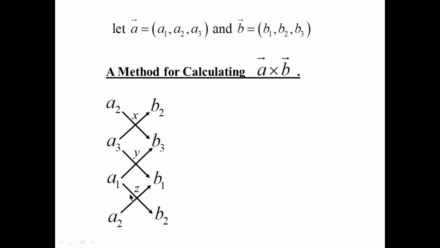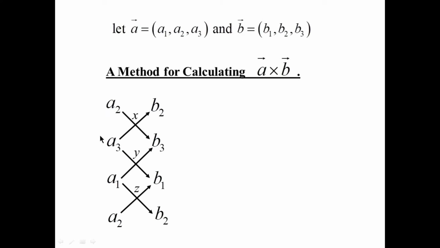On the left of these crosses, make 3 big crosses. Call them X, Y, Z. And on the left, reference your vector A and state middle, last, first, middle. So that's middle, last, first, middle. Just get that saying going in your head.